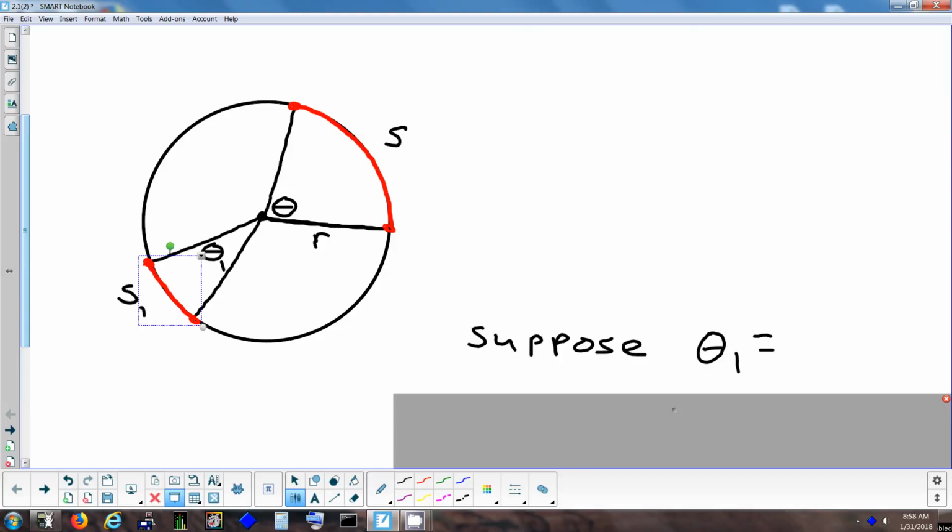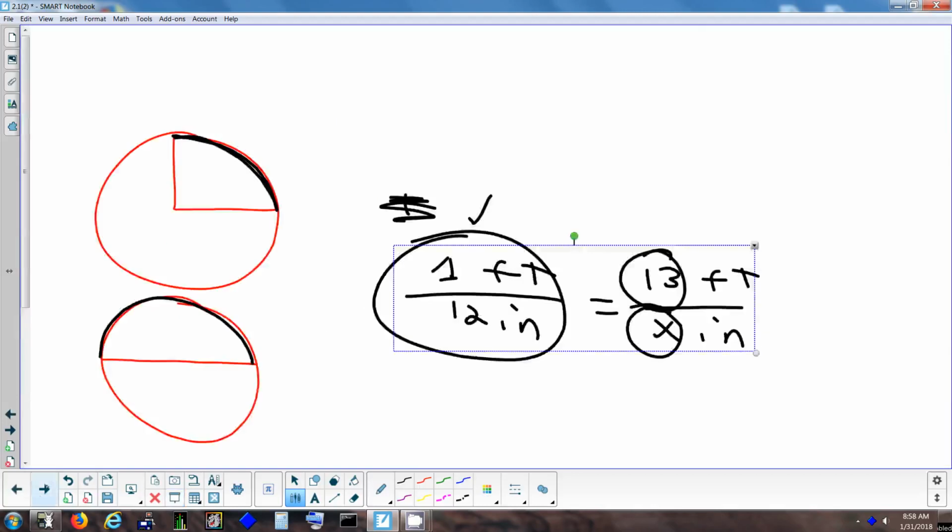If you make that angle 1 radian, this arc is the same size as something else. Yep. The radius, exactly.